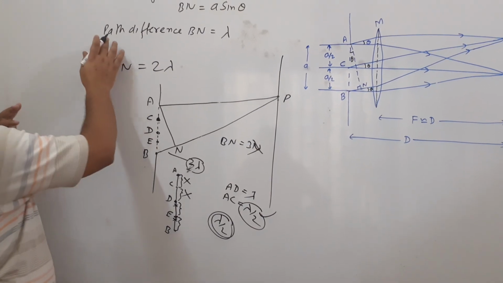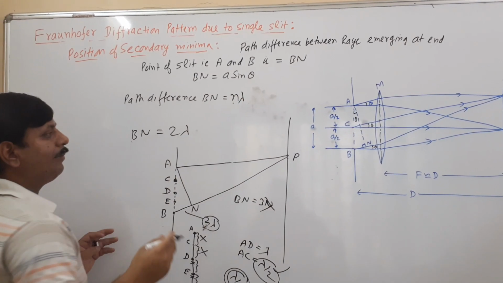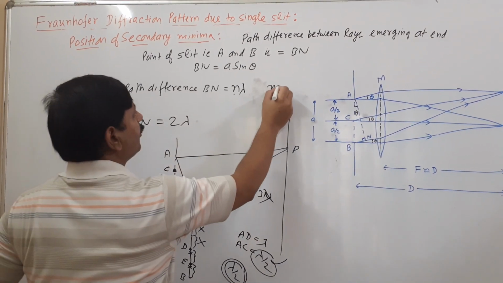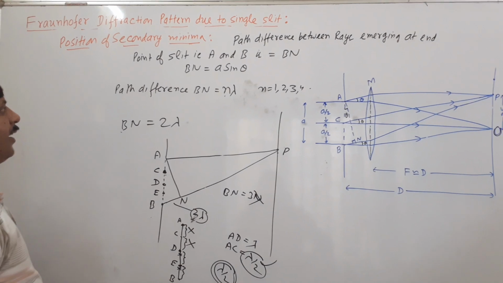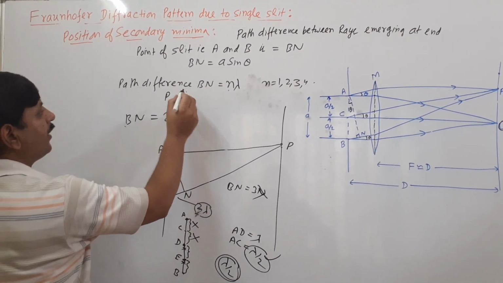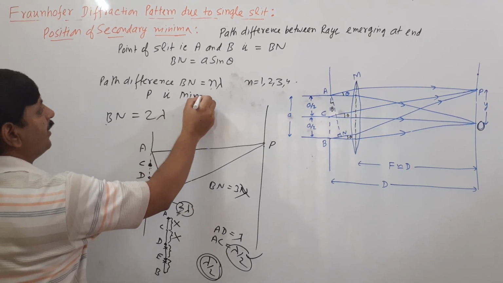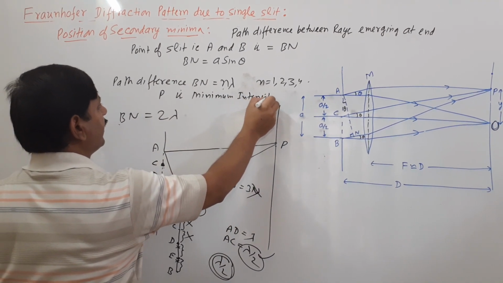So you can see here, when path difference is equal to n lambda, where n is equal to 1, 2, 3, 4, 5, any integer, that time point P has minimum intensity.